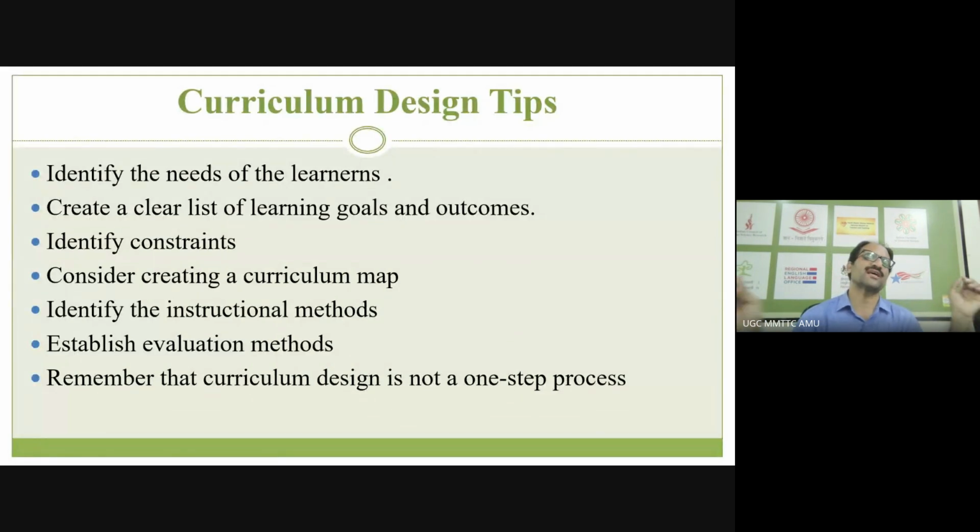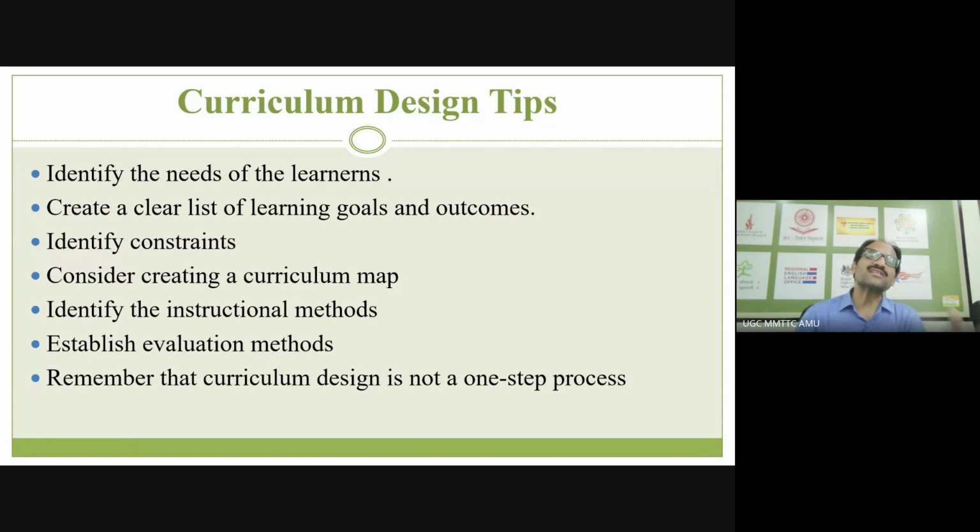So these are the outcomes after going through this particular syllabus. First step, you try to understand the need of the learners. Then second step, you create a clear list of learning goals and outcomes which are expected. Identify constraints. So what are these constraints? Time constraint. Will it be possible to finish the whole thing in 180 days, or in 90 days, or in 80 days, or in 6 months, or in 1 year?